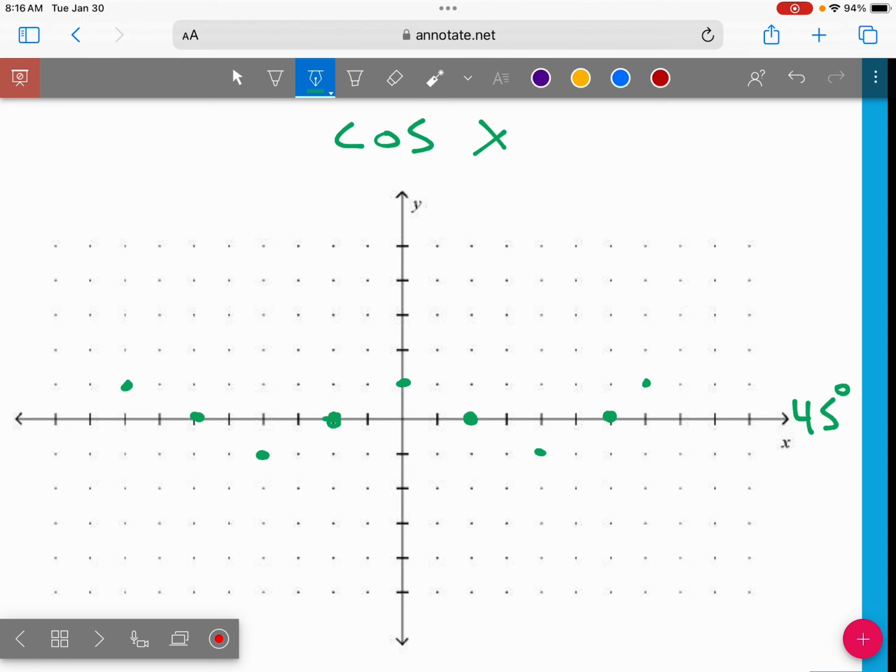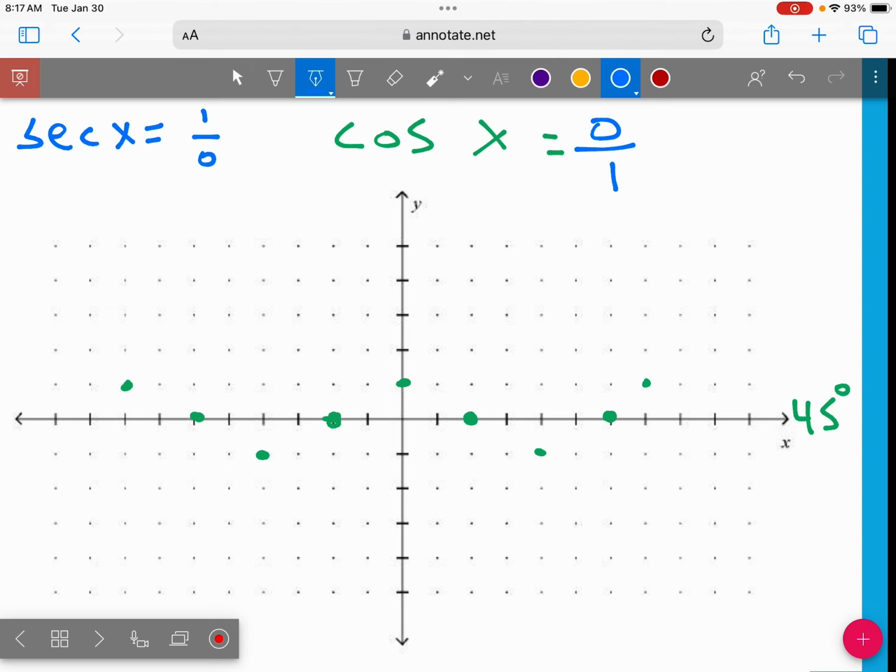So when cosine of x equals 0, it really equals 0 over 1. So when cosine of x equals 0, secant of x, remember, is the reciprocal. So when cosine of x equals 0 over 1, secant of x is going to equal 1 over 0.